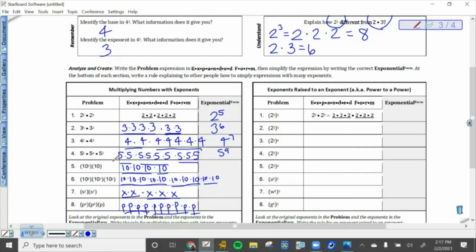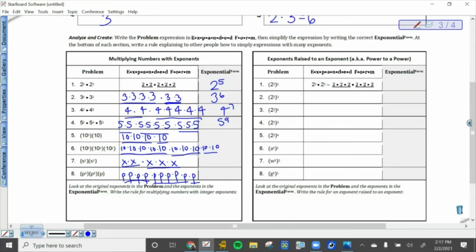So if it doesn't have a number, then it's just one. Cool. Okay. So when you finish with that one, move over to the next side. We'll talk about it in 1 minute.